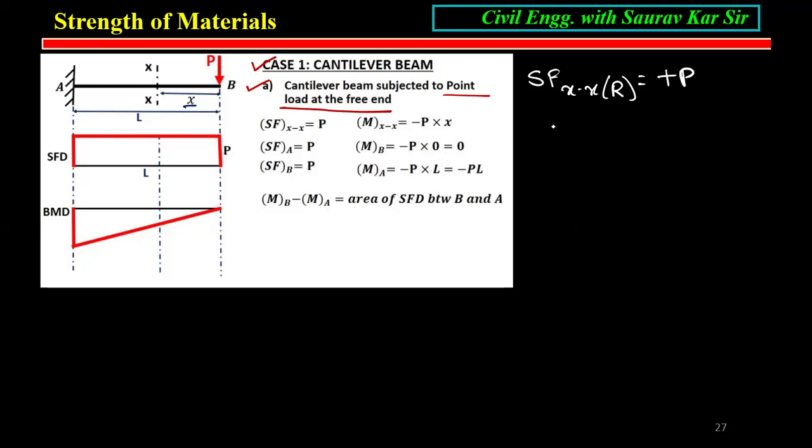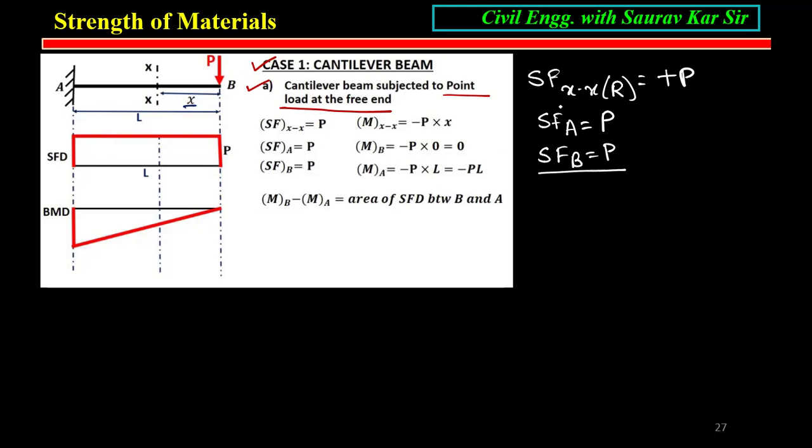Now this shear force at any section, at XX section, or at the fixed end, is not a function of distance. So P is constant. Shear force at A is also P. Shear force at B obviously is P because at point B, the point load is acting. Wherever the point load is acting, obviously that will be the shear force.